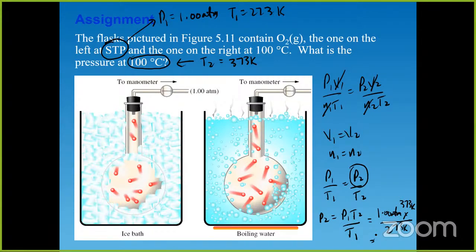Well, I got 1.37 when rounded off to 3 sig figs. So the answer becomes 1.37 atmospheres because the Kelvin units will cancel out. All right, so that's how that is done. Okay, any questions about this particular example? Any questions?